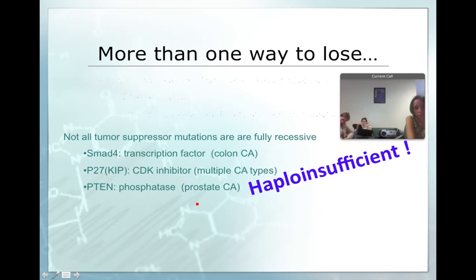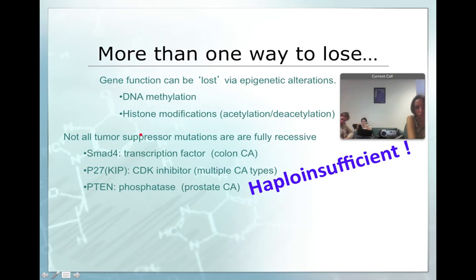Okay. Now, you can lose function by epigenetic changes as well. You don't have to mutate. You don't have to have a deletion. You can have DNA methylation, histone modifications, acetylation or deacetylation. You can even have histone phosphorylation. We know there's lots of things that happen that control the activity.